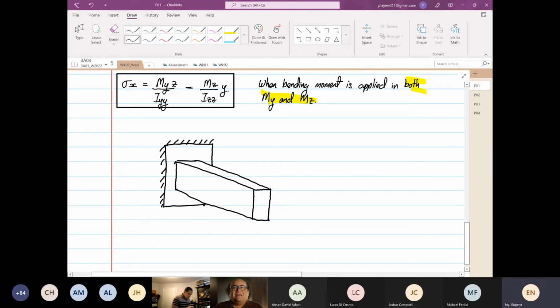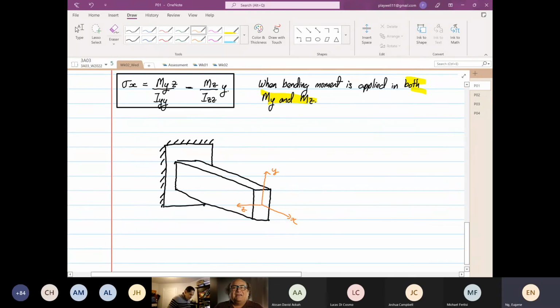Okay, and then we have our axis. So this will be our y. This direction will be our x, and then this direction over here will be our z. Okay.